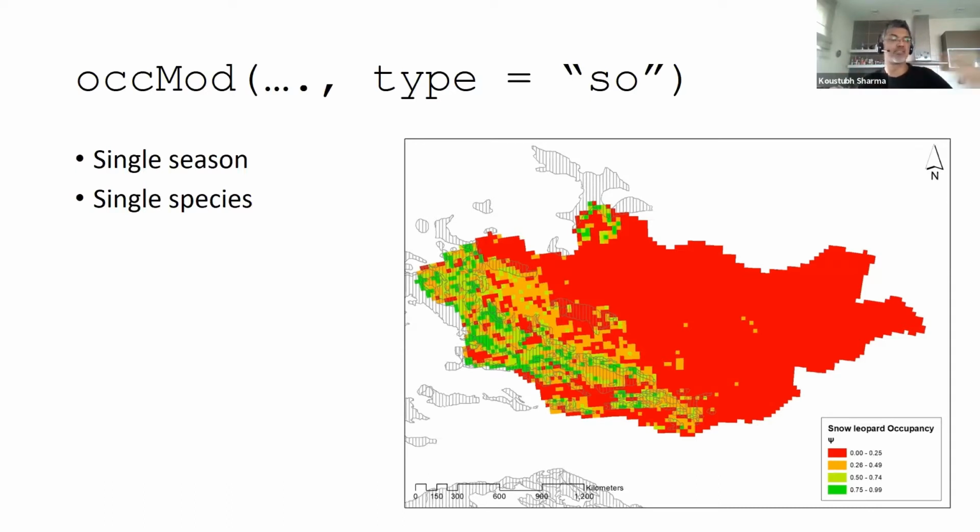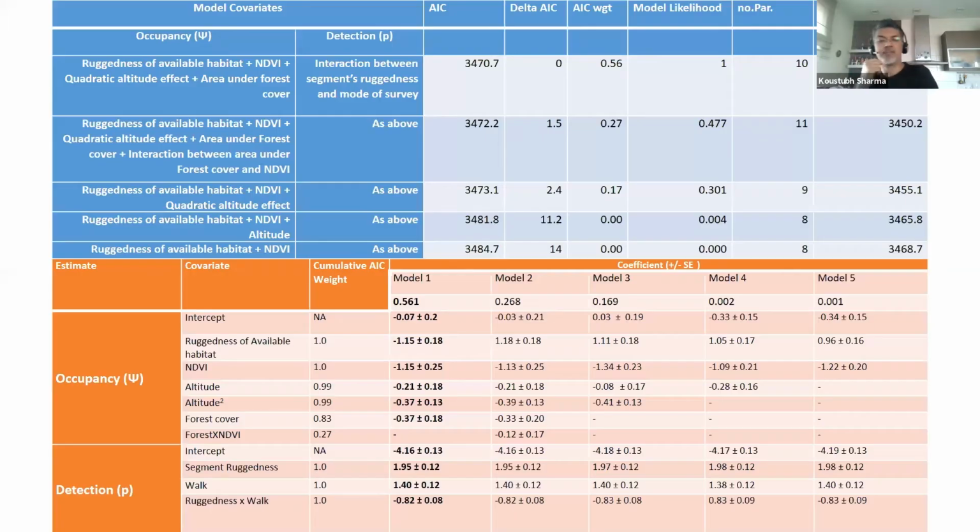They're not binary, that this is where snow leopard is, this is where snow leopard is not, but they're far more than that. They address imperfect detection. They address possible absence with non-survey. A very important difference from many of the presence-only modeling methods that we have been seeing across the world for species distribution models.